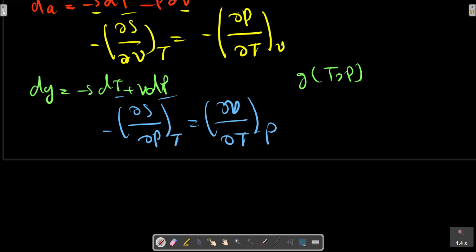These four equations are known as the Maxwell relations.